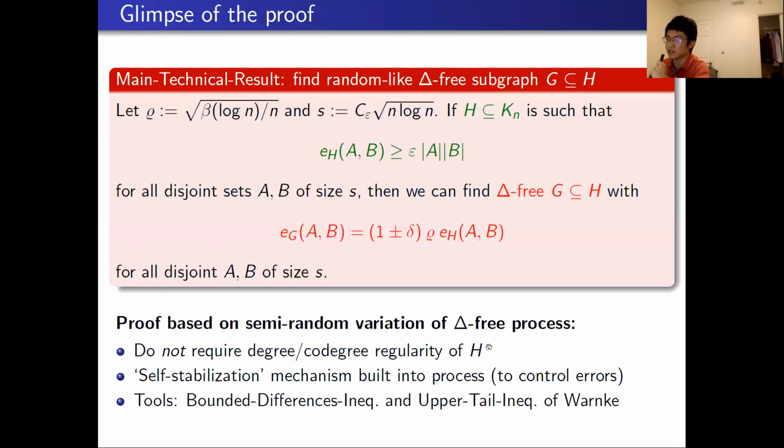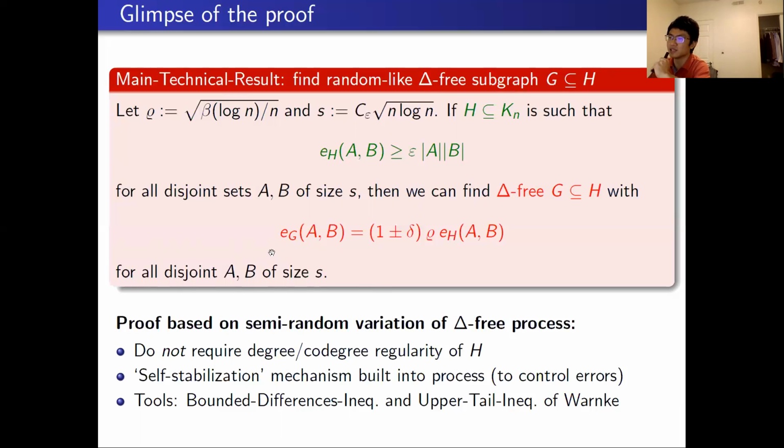This degree and co-degree regularity is actually required by the triangle-free process. We do not need such regularity because we use a self-stabilization mechanism built into the process. It helps us to control the errors.